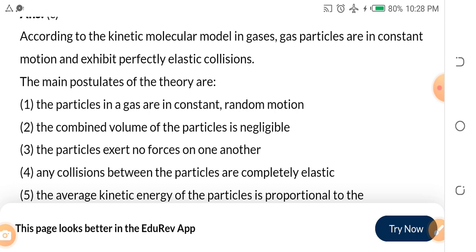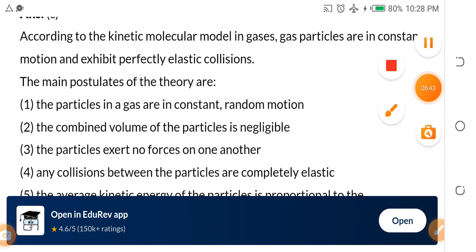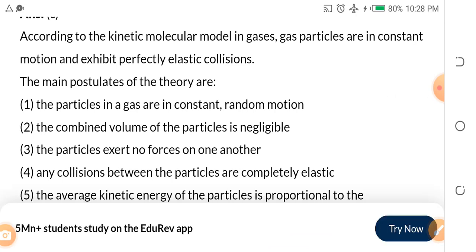According to the kinetic molecular model in gases, I need you to be writing these things down because they are the things that you could encounter in your JAMB exam, right? According to the kinetic molecular model, gas particles are in constant motion and exhibit perfectly elastic collision.